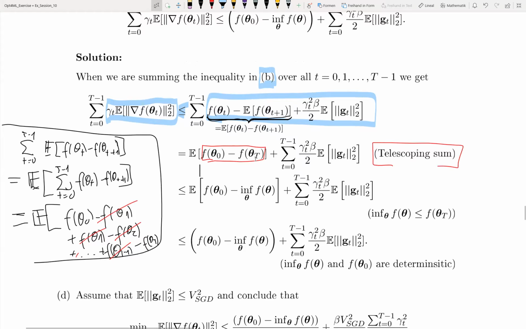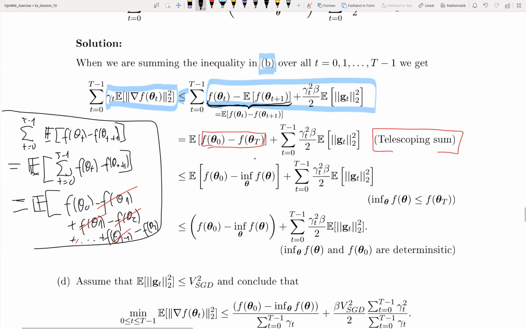Okay. And then we can argue quite similarly to what we had before for gradient descent. So the infimum of the objective value function is definitely smaller than what we have at the iteration t.